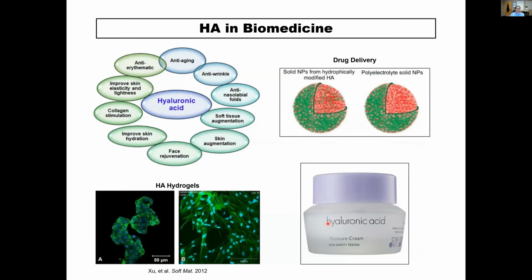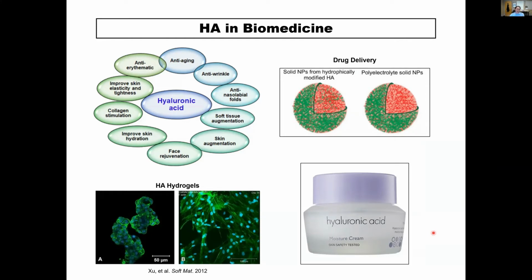So not only does HA function in our cells and in the extracellular matrix, in our tissues, but hyaluronic acid has also been utilized in biomedicine as well. The thing that probably a lot of people will recognize is that a lot of cosmetic products actually contain hyaluronic acid.